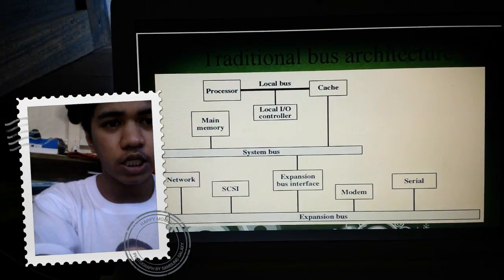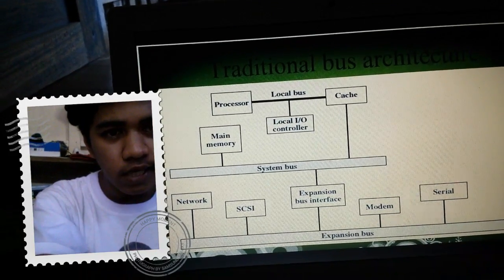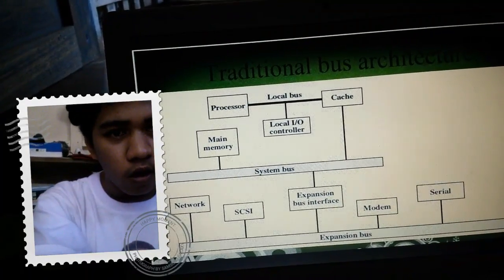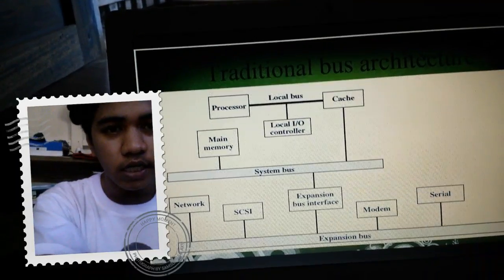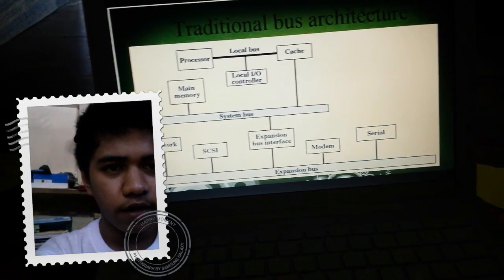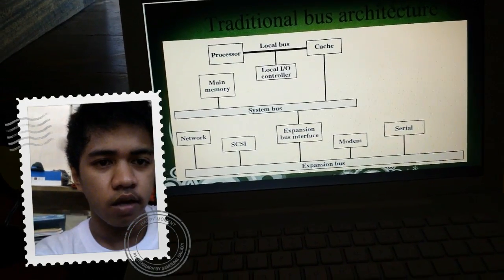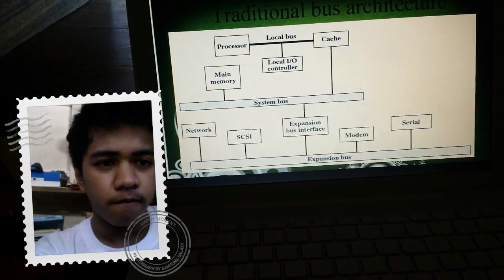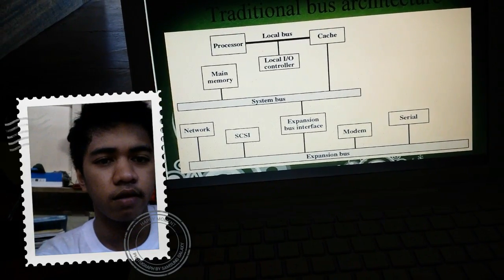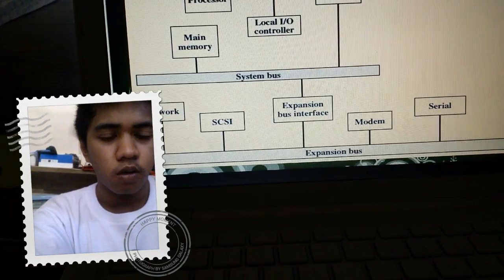What you see here right now is a traditional bus architecture. As you can see in this diagram, the bus that connects the processor, local input-output controller, and cache is what we call the local bus. The cache is connected to the system bus, to which the main memory is also connected, and the expansion bus interface.